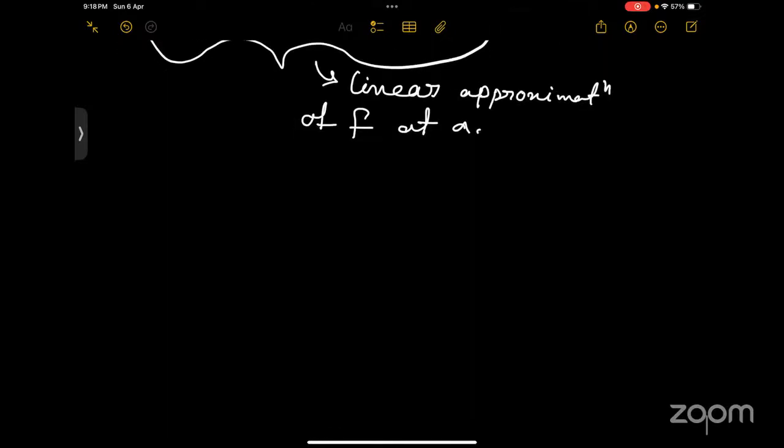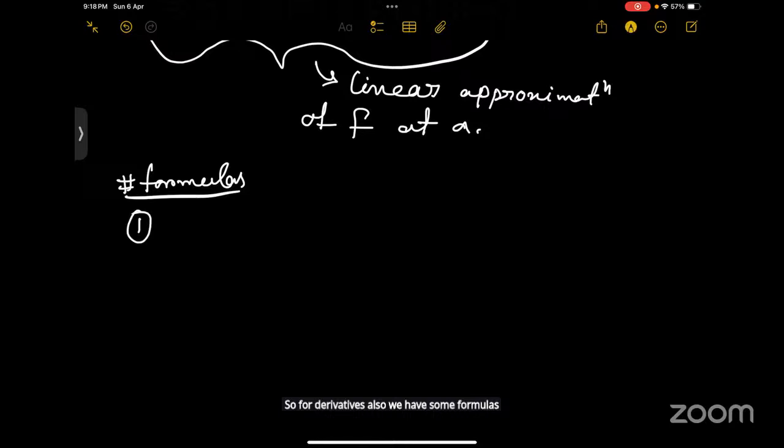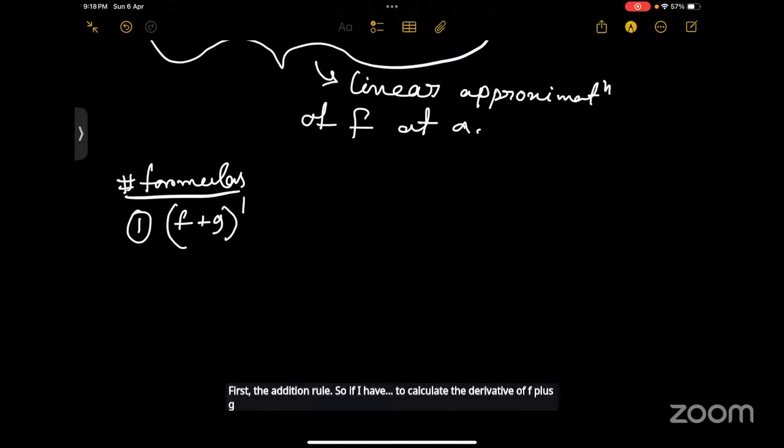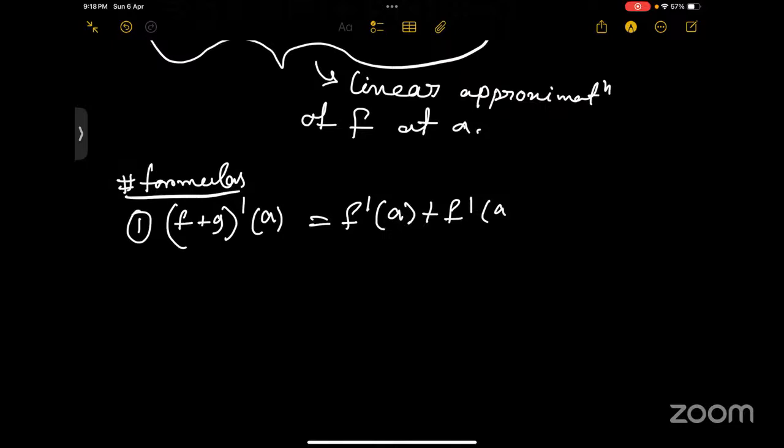So for derivatives also, we have some formulas. First, the addition rule. So if I have to calculate the derivative of f plus g, that means (f plus g) dash at some point is f dash plus g dash.